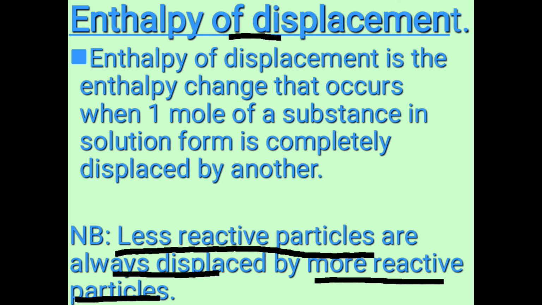If you mix the two, potassium is going to go into the solution and copper moves out of the solution, and the reaction is exothermic. That heat change that occurs when a substance is displaced from its solution, we call the heat of displacement. Hope you get me there.